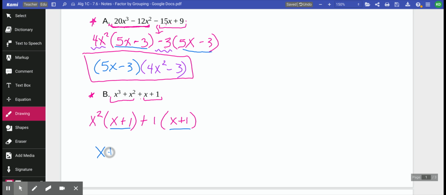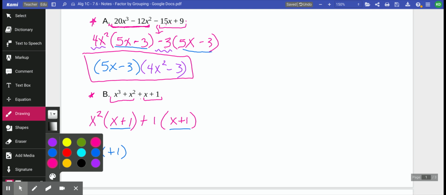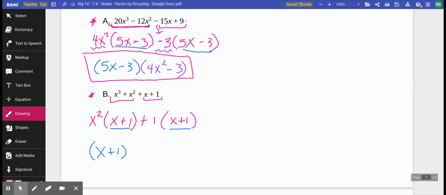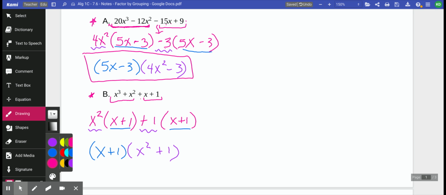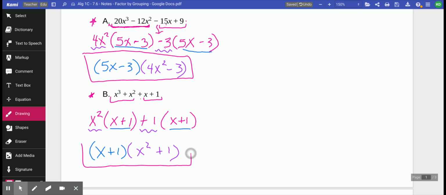So x plus 1 is my first set of parentheses. And then we have to look at what's left over. Our leftover stuff is x squared, and here's where that plus 1 is really helping us out, because we need to have that as part of our second set of parentheses. And that is our finished factored form answer.